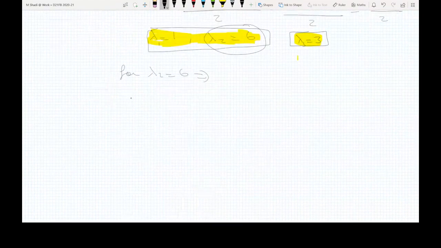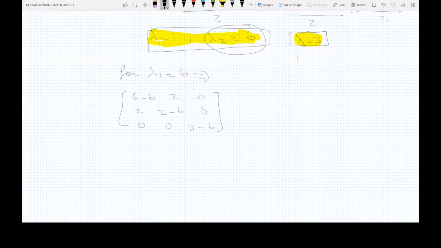So I come back to this equation. I have 5 minus 6, and then 2 and 0, 2, 2 minus 6 and 0, 0, 0, 3 minus 6, multiplied with n1, n2, and n3. And then I'm just going to expand that. It is equal to 0, 0, and 0.